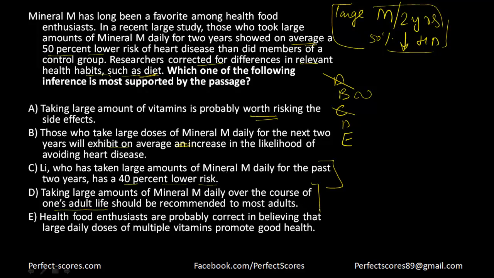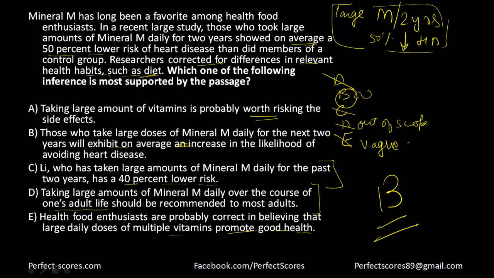Now we do not have any information of the entire adult life, so D is also out of scope, just like C. E says, health food enthusiasts are probably correct in believing that large daily doses of multiple vitamins promote good health. Now again, this is a very vague option. It's not 100% true. It looks more like a guess, so that means our answer is going to be B.